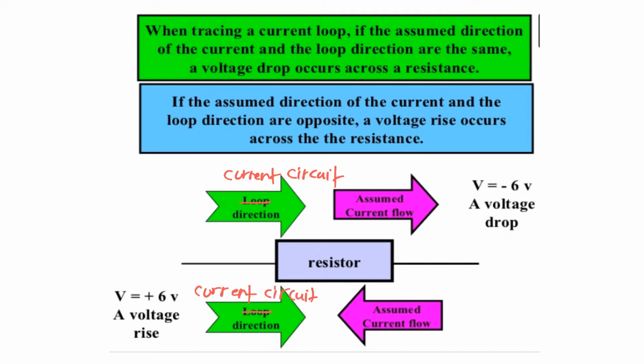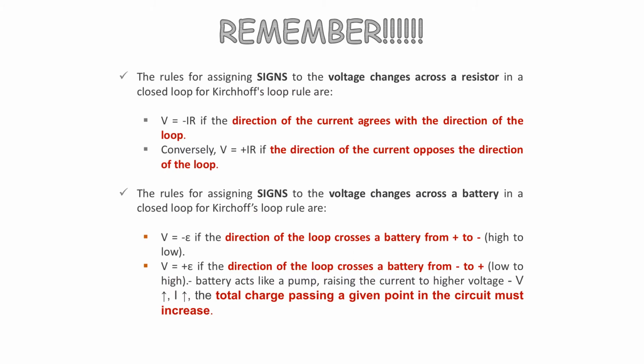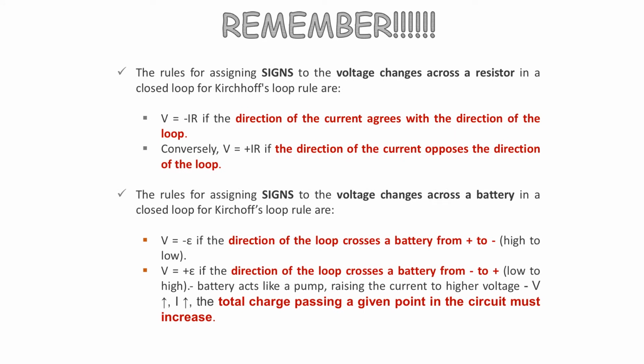If the current circuit is in the same direction as your assumption, you get a negative voltage drop. If your assumption current and current circuit are in opposite directions, you get positive voltage, which we call a voltage rise. I already simplified this for you, so you can go back and read it. It is the same thing I mentioned before.